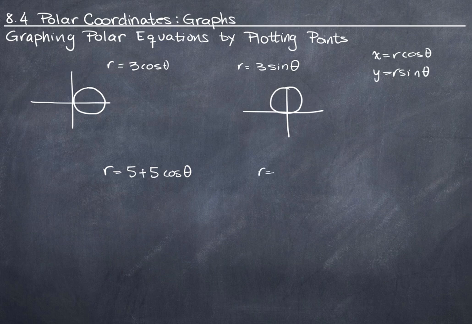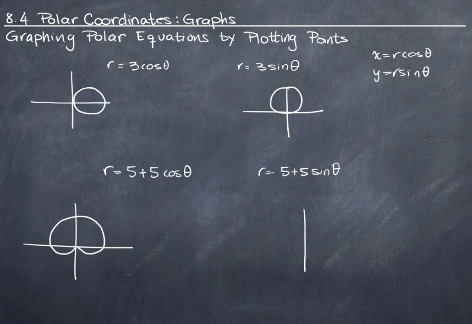And r equals 5 plus 5 sine theta. You don't need to memorize these shapes, but sometimes it can be handy. The cosine graph is going to look like this, and the sine graph is going to look like this. Again, the scale is kind of irrelevant here. I'm just trying to make the point. This sine graph is an x thing, and this cosine graph is a y thing.